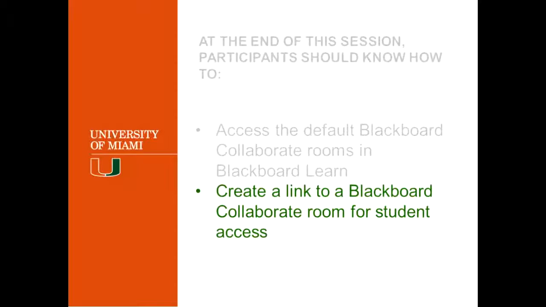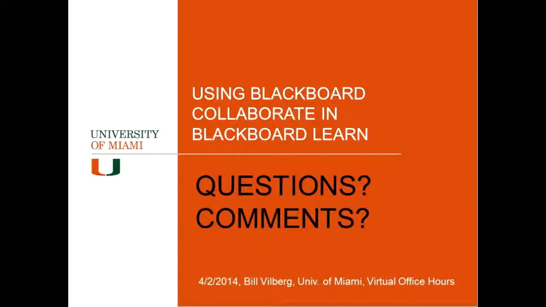So we had two objectives: to access the default Blackboard Collaborate rooms and understand what they are, and then to create a link to a Blackboard Collaborate room for student access and to understand some of the dimensions and some of the options there.